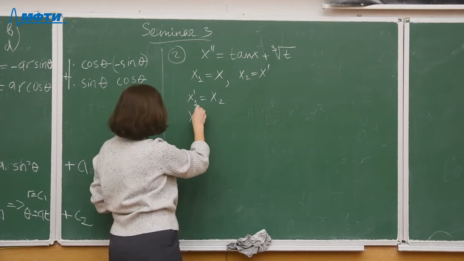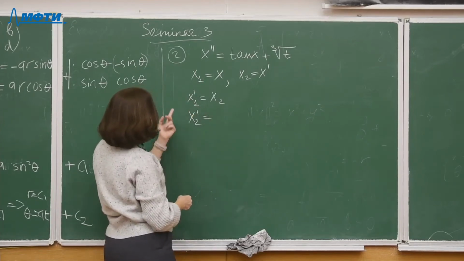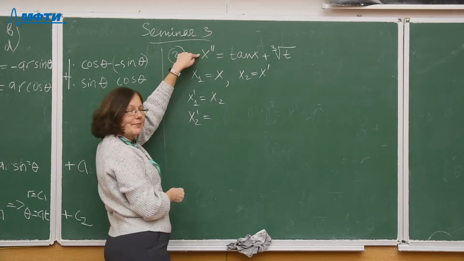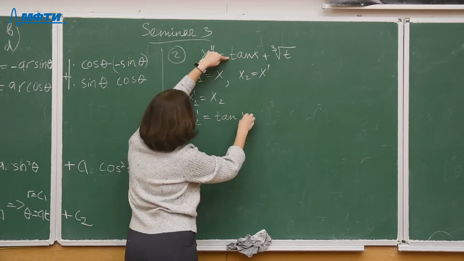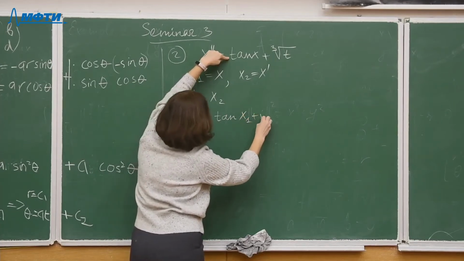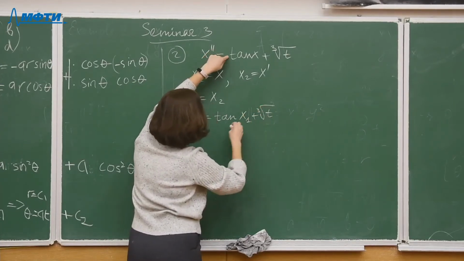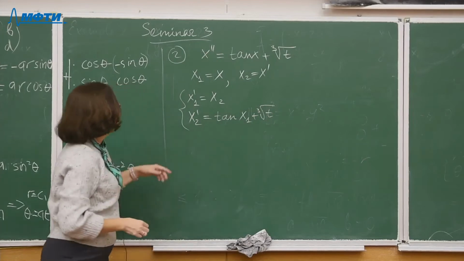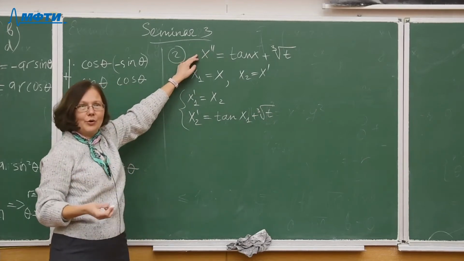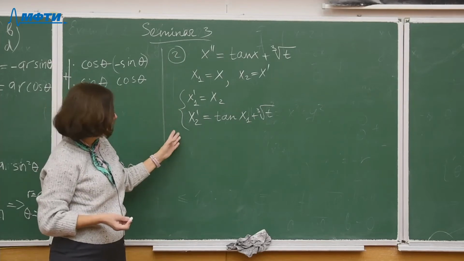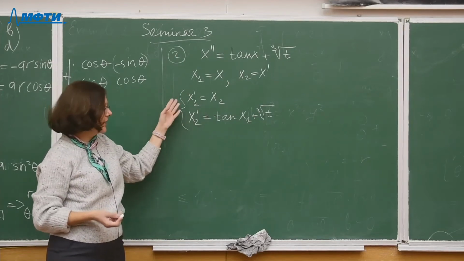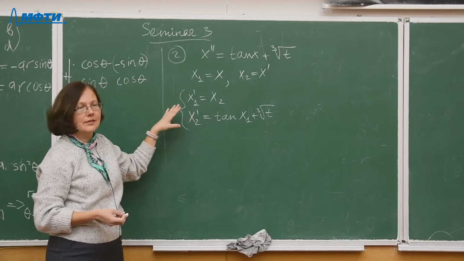Next, x2 prime. What is x2 prime? It is x double prime, and so we can rewrite it as tan x1 plus cube root of t. So this second order equation is equivalent to two first order equations, right? And we can apply the Picard-Lindelöf theorem to this system.